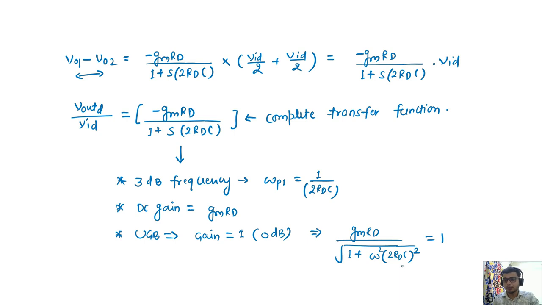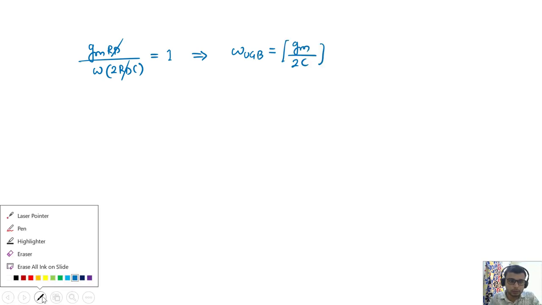So for the time being I can consider this bracket term omega RD into 2C square is much greater than 1. So we can directly write what is the UGB. GMRD, this expression can be written as omega 2RDC equal to 1. So RD can be cancelled here. So what is my omega? This I call UGB. So I will talk a little bit more about it. Now this is the basic thing about this question.